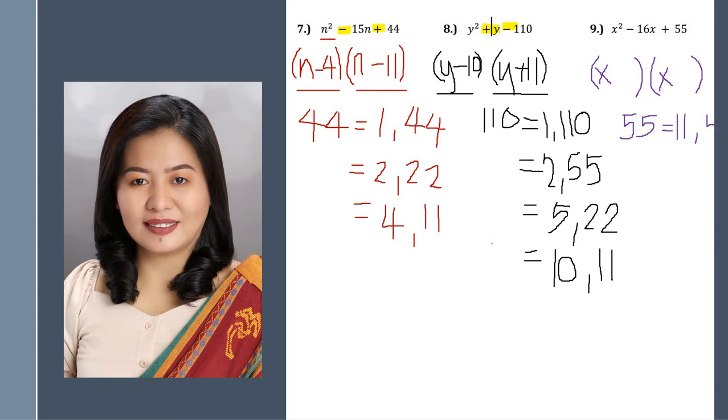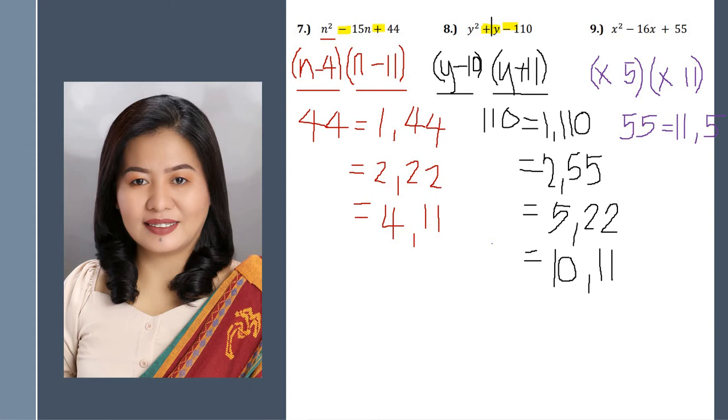You can still do the process that I did with the previous numbers, but here it's actually obvious that the factors of 55 are 11 and 5. So I'll just put in 5 here and 11. Now our problem would be the sign.